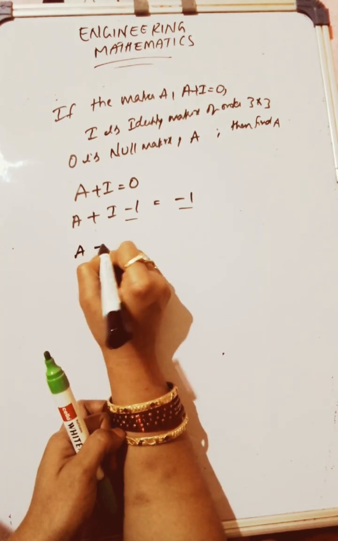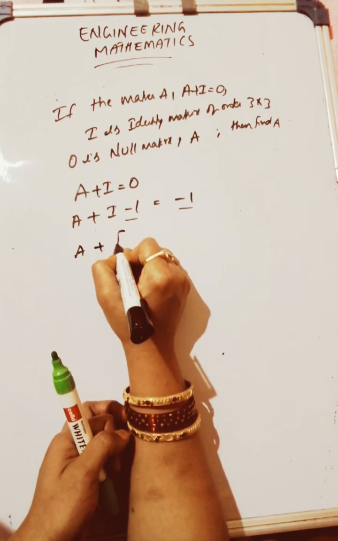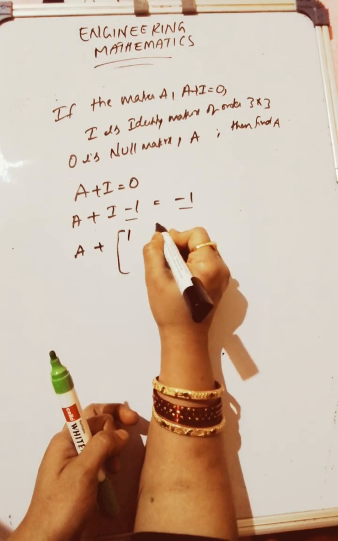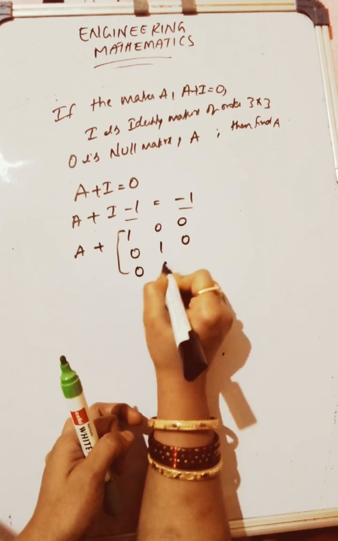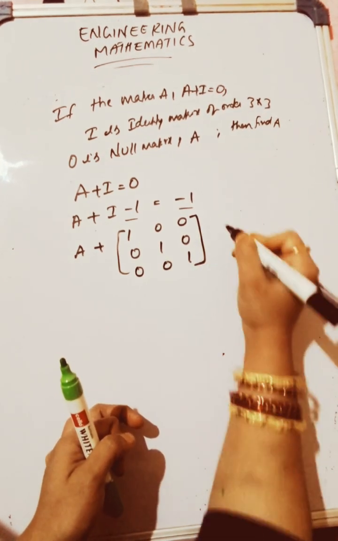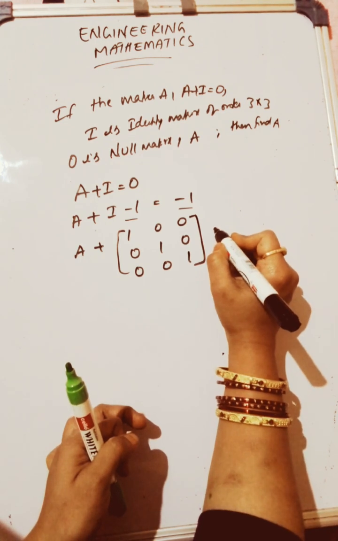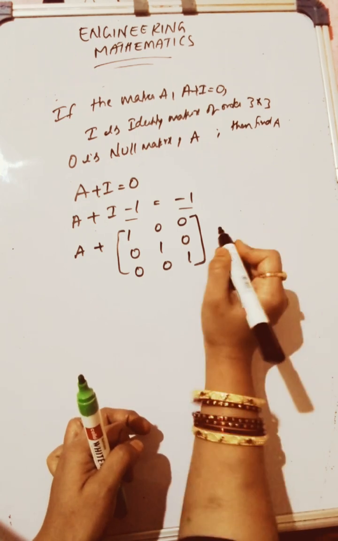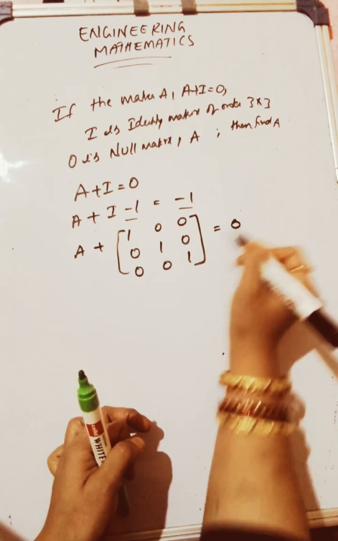Then A plus the identity matrix, 1 0 0, 0 1 0, 0 0 1, a 3 by 3 matrix, is equal to 0.